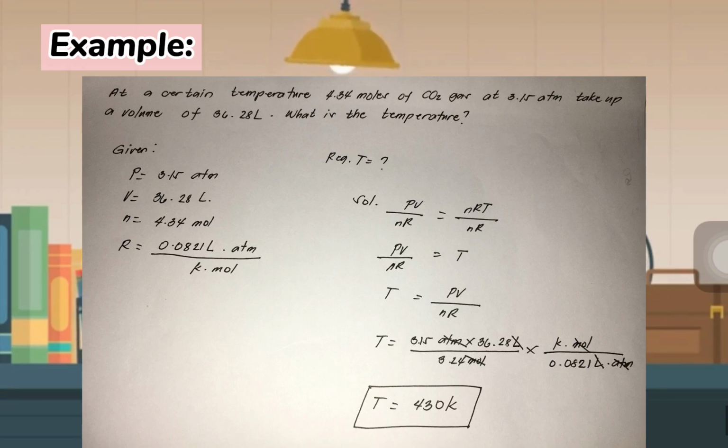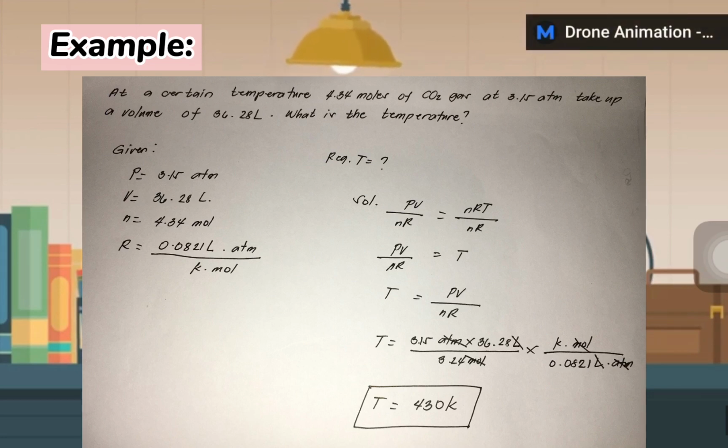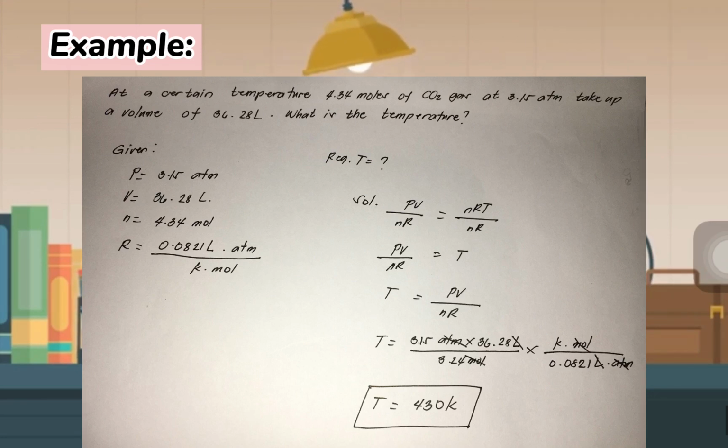So the remaining unit will be Kelvin. So 3.15 times 36.28 over 4.34 times 0.0821, the result will be 430 K. So that will be our temperature, 430 Kelvin.